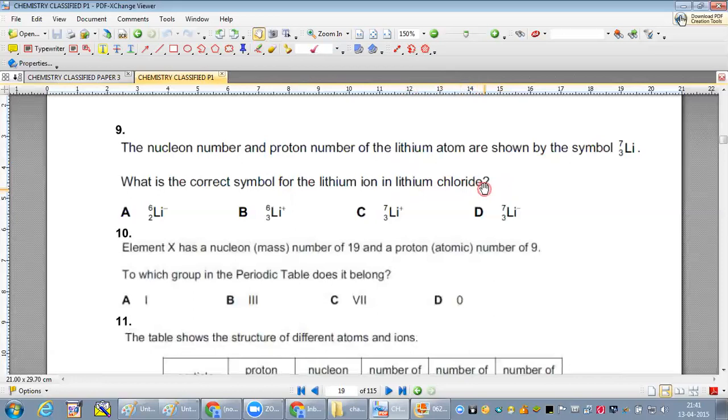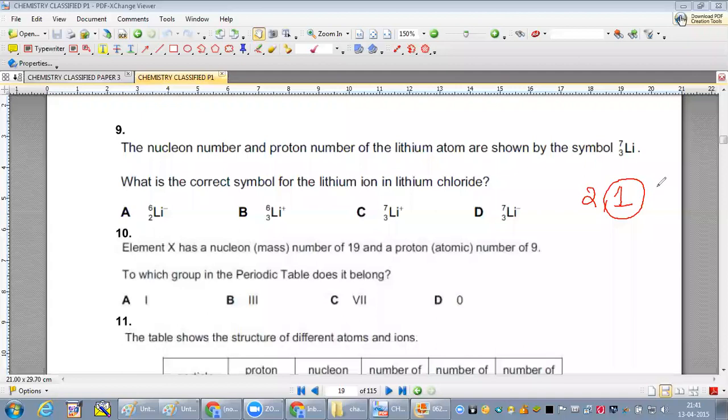Now lithium chloride is there, therefore first of all you should know the electronic configuration. There are 3 protons, so there will be 3 electrons. What will be the electronic configuration of lithium? It will be first orbit 2 and second orbit 1. It means the lithium atom is going to give away this 1 electron.